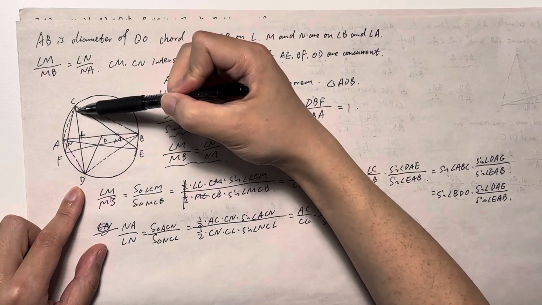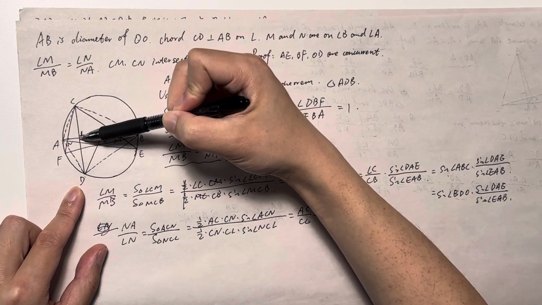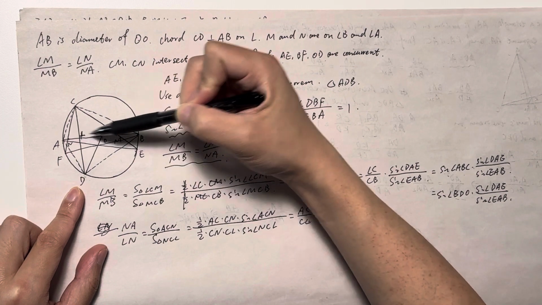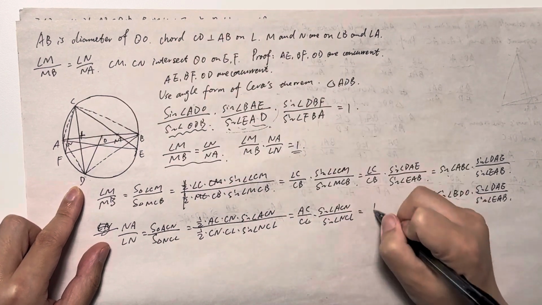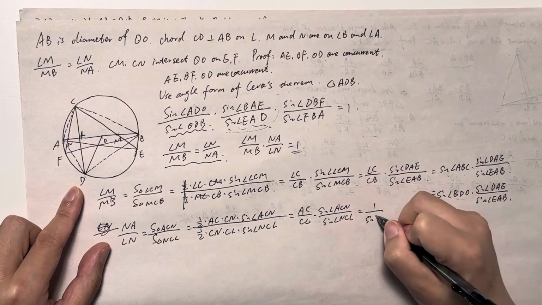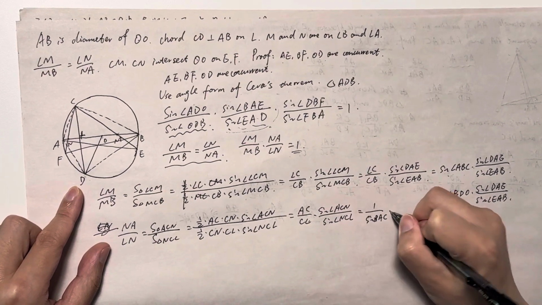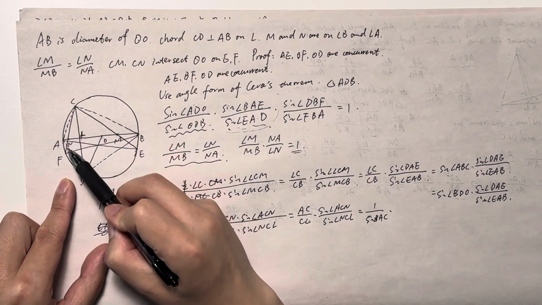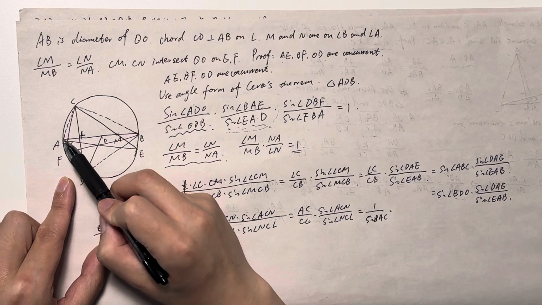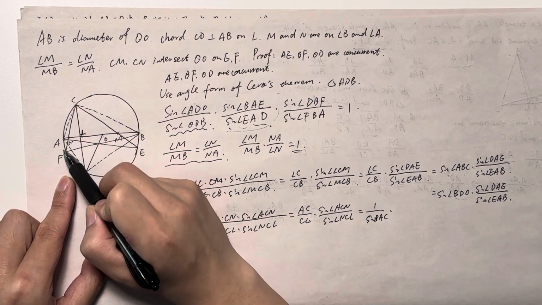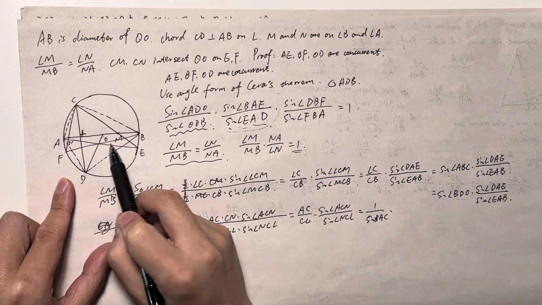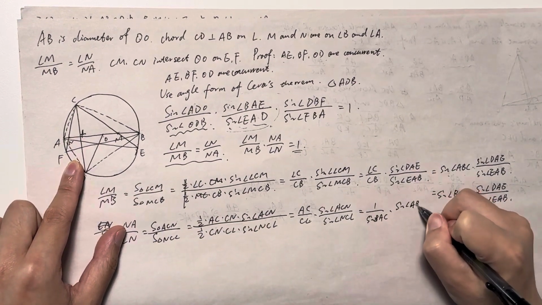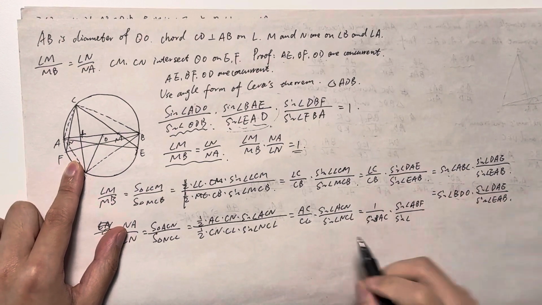AC divided by CL, that's 1 over sine angle BAC. So that's 1 over sine angle BAC times sine angle ACN. That's an angle for the arc AF, so it equals angle ABF. Sine angle ABF divided by sine angle NCL.